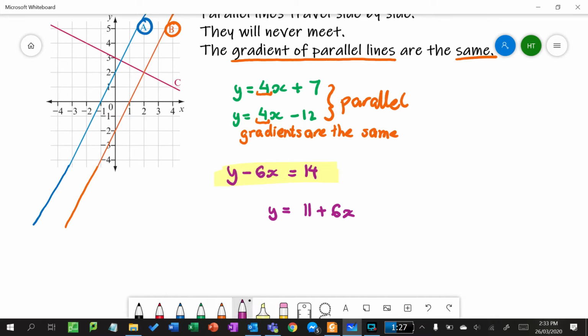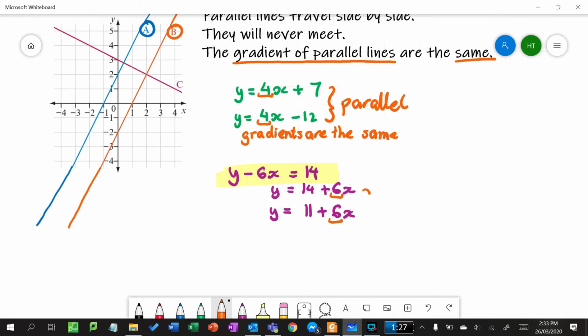So this one becomes y equals 14 plus 6x. Now let's compare the gradient of each line. The gradient here is 6 because the 6 is in front of the x, positive 6 to be exact. And the gradient for this line here is also 6. Since gradients are the same, these two lines are parallel.